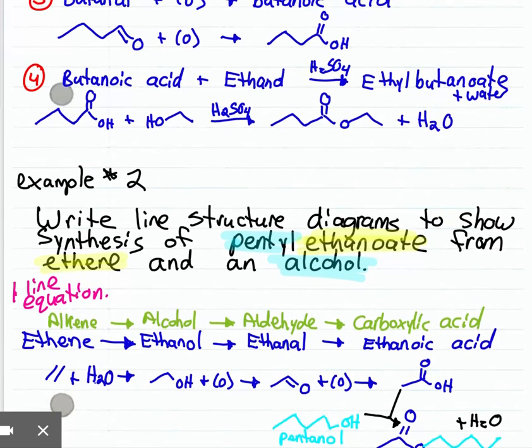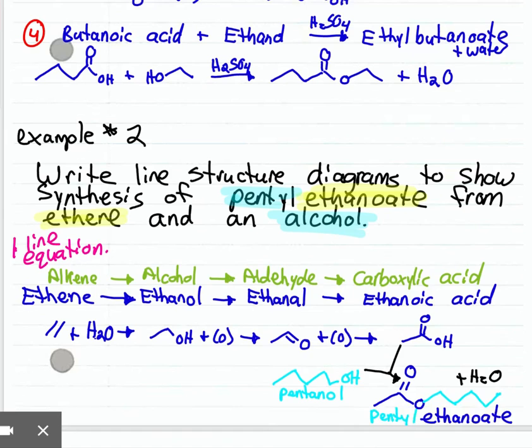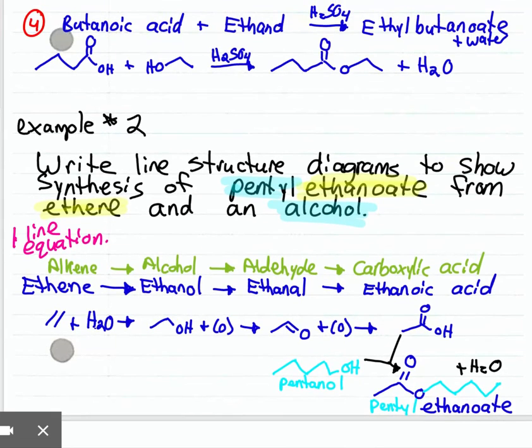Okay. So the third way is line structure diagrams to show the synthesis of pentyl ethanoate from ethene and an alcohol. So the first thing you have to do, again, working backwards, is kind of the way to approach this. You know you have pentyl ethanoate. That is an ester.